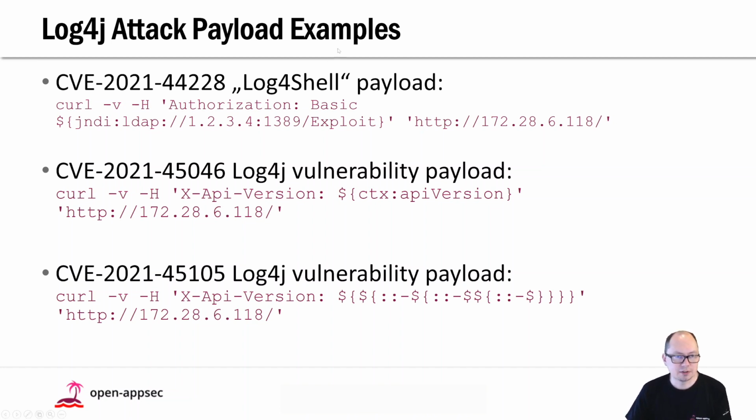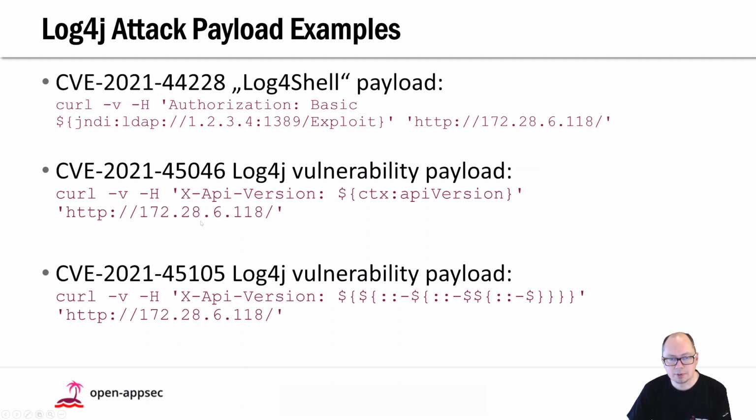Here you can see the 3 examples. The first one, as we also discussed before, is based on using the JNDI protocol and connecting to an LDAP server, handing over exploit code to the LDAP server, and sending this to the web server that's to be attacked.